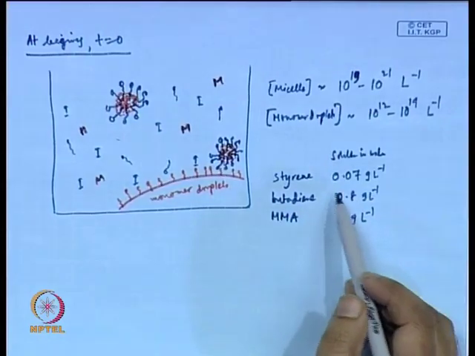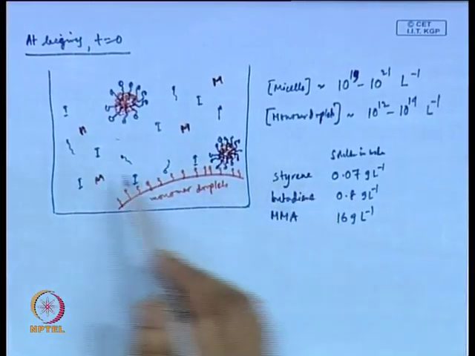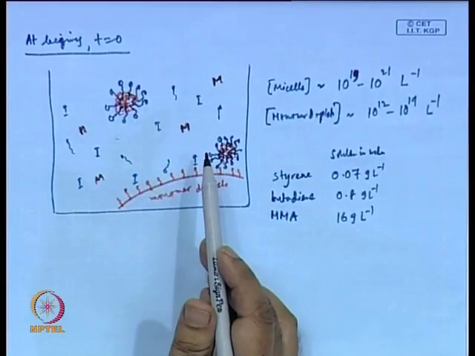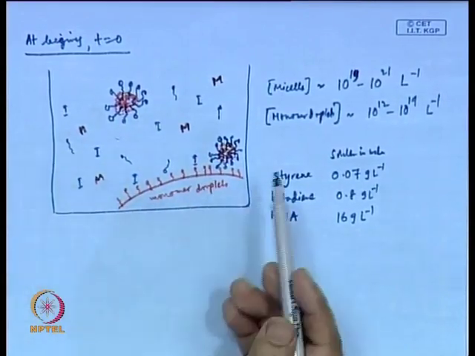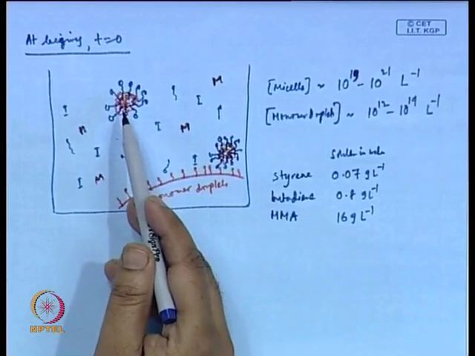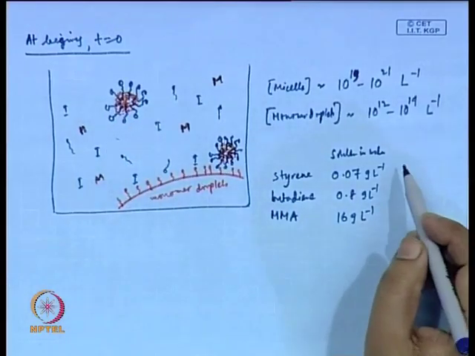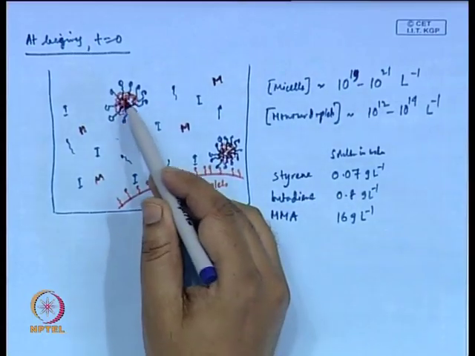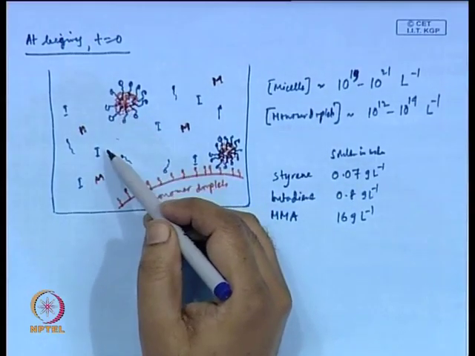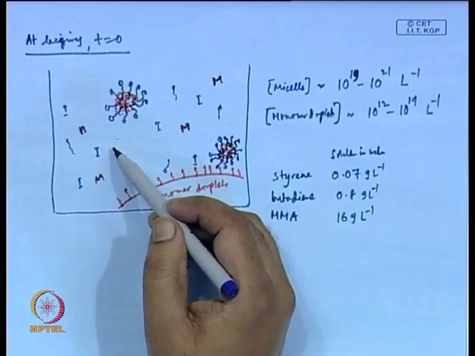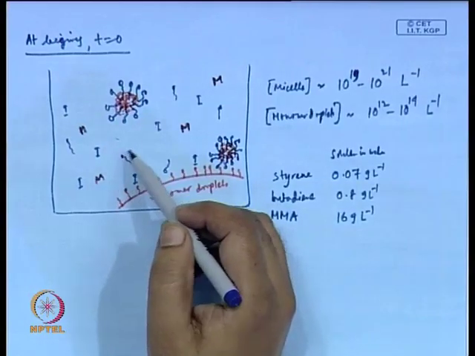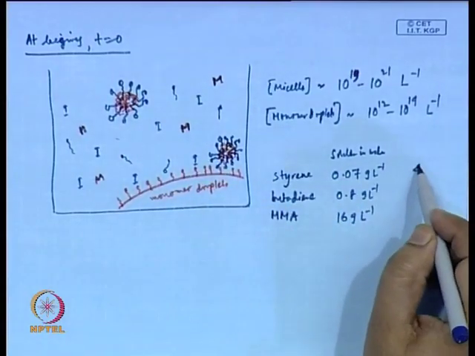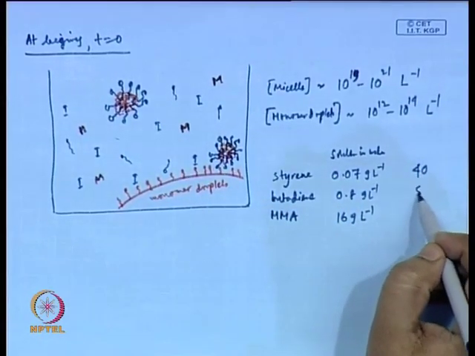Obviously, the less soluble the monomer is in the aqueous medium, the more it will try to partition inside the micelles. So, the amount of monomer inside the micelle relative to the amount of monomer outside the micelle in aqueous solution is of this order: 40, 5 and 2.